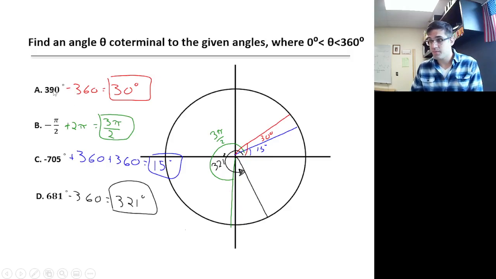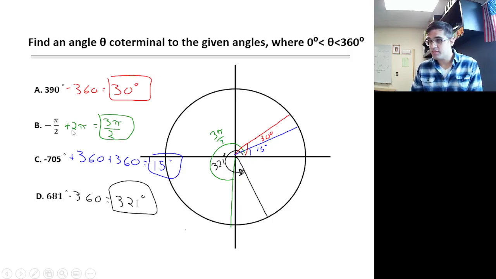With degrees, I could just add or subtract 360 degrees over and over again until I get between 0 and 360. So 390 minus 360 is 30 degrees. So 30 degrees would be our theta angle. That's coterminal to 390, but between 0 and 360.